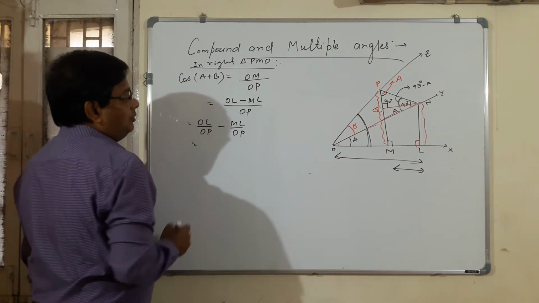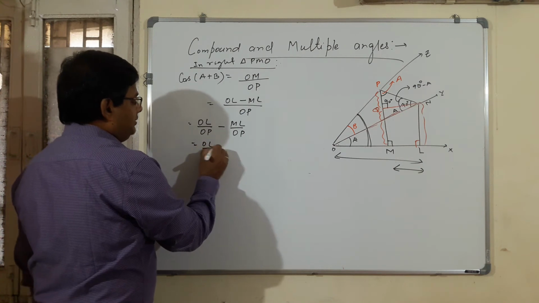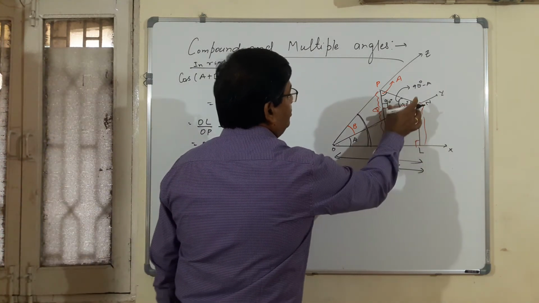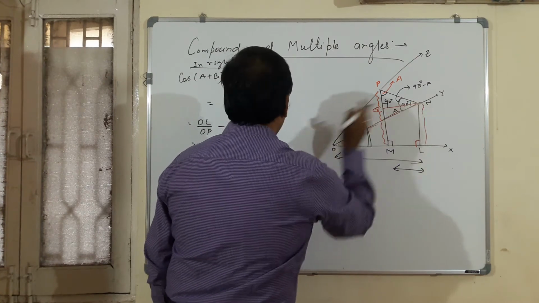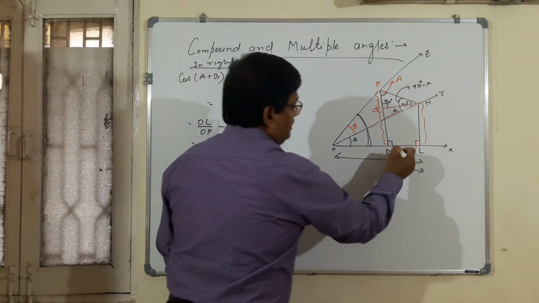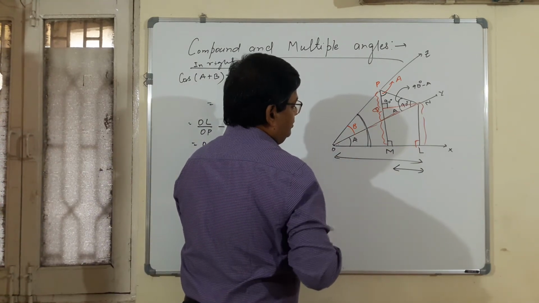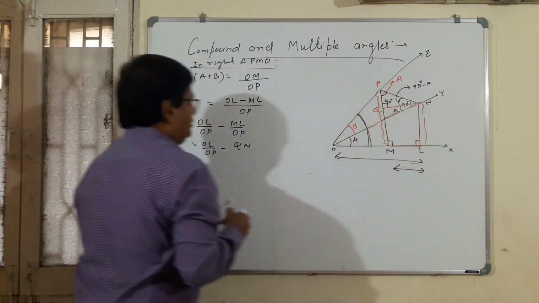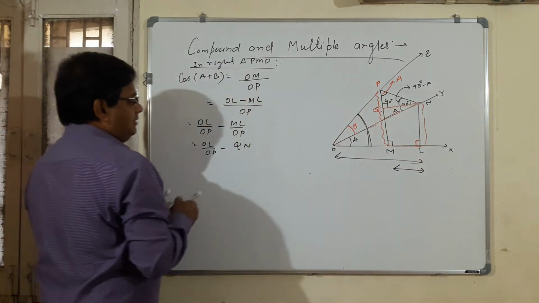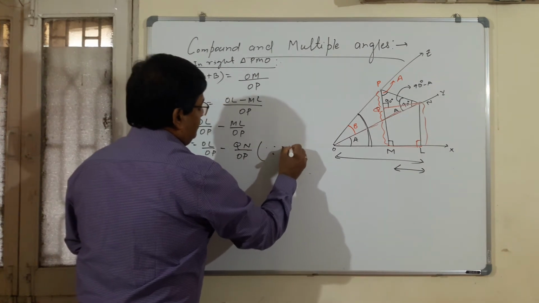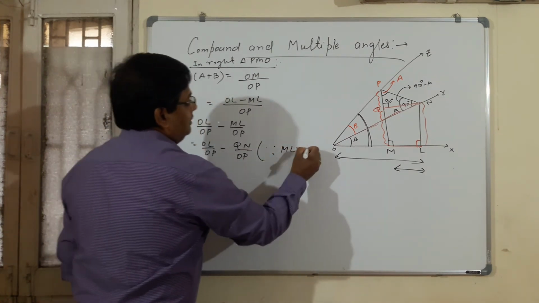So OL by OP minus, here ML is equal to QN. So QN divided by OP, since ML is equal to QN.